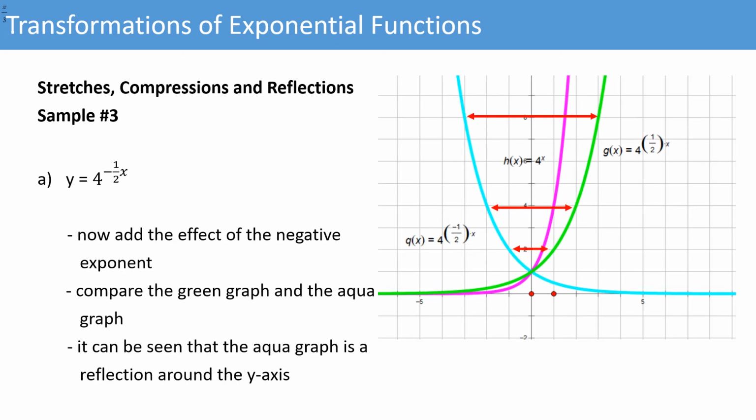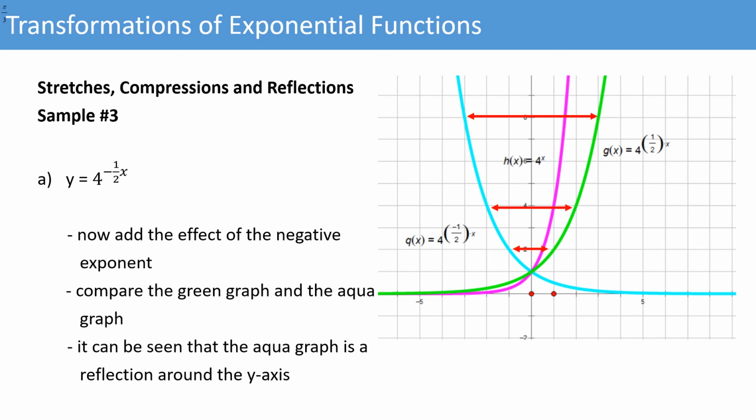Now, if we then take the next step and we add the negative 1/2, you are going to see the aqua graph, which is our final graph, which is a reflection around the y-axis. So it's like it's inverted around the y-axis from 4 to the exponent 1/2 x.